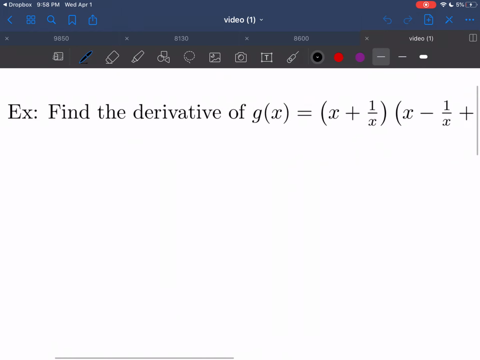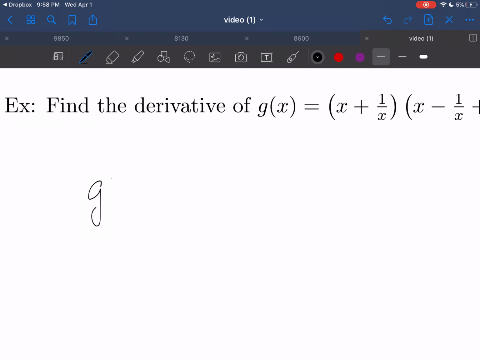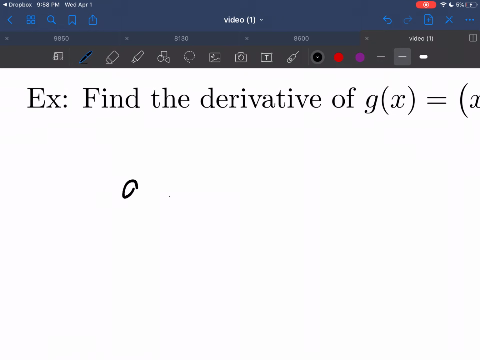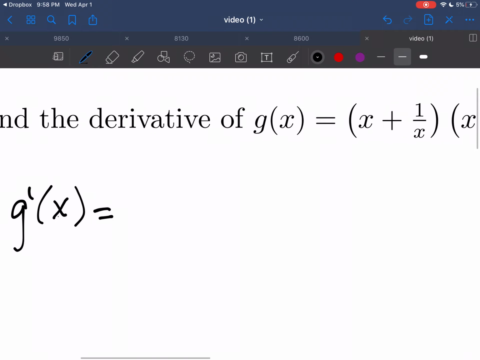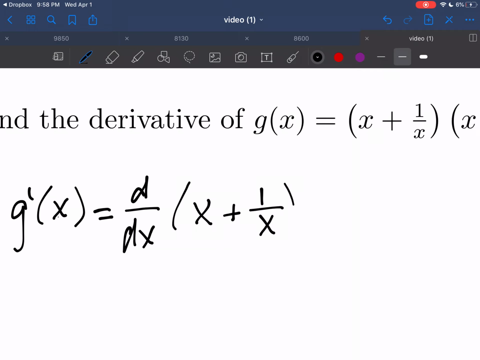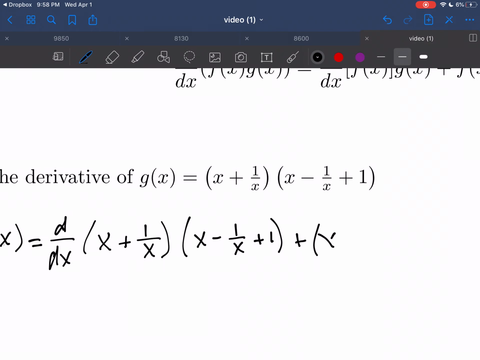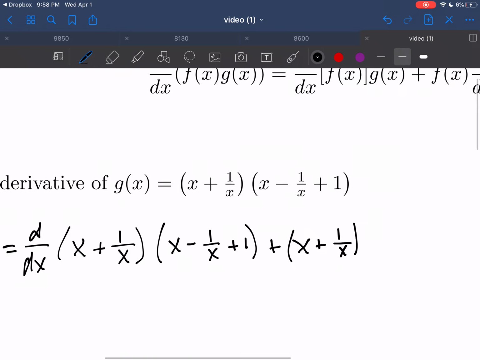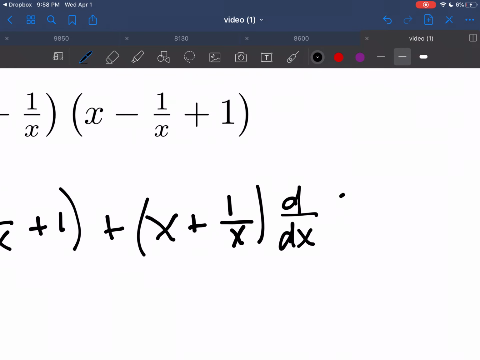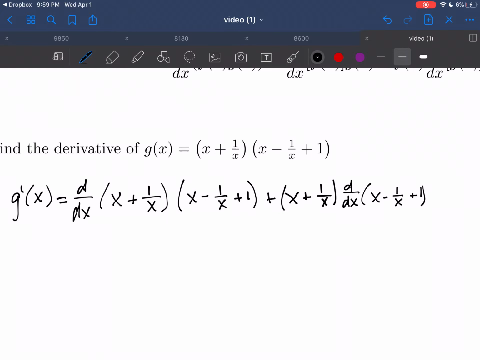So g prime of x is going to be the derivative of x plus 1 over x times the original second, plus the original first times the derivative of the second.